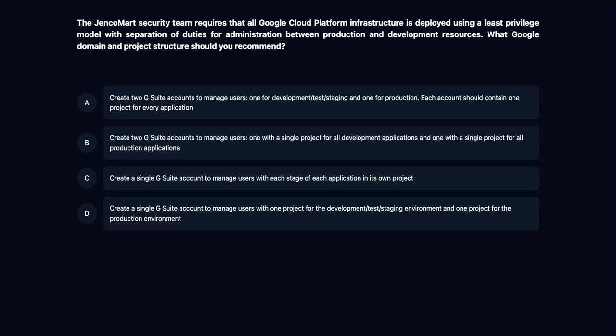Option C. Create a single G Suite account to manage users with each stage of each application in its own project. Option D. Create a single G Suite account to manage users with one project for the development/test/staging environment and one project for the production environment.